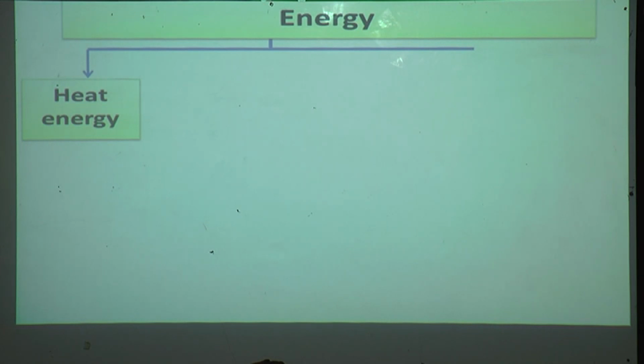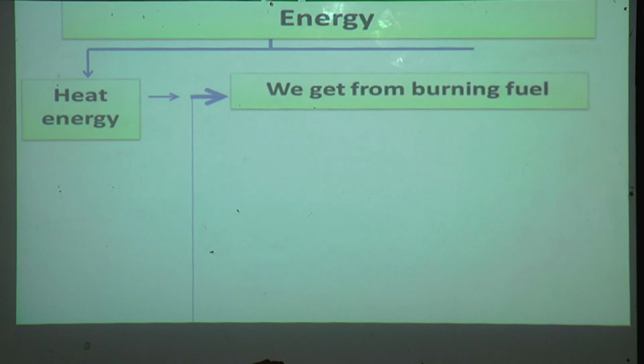Heat energy. Heat energy we get from burning fuel. Yes, we have seen the picture of fuels. So if we burn them, only then do we get the energy.